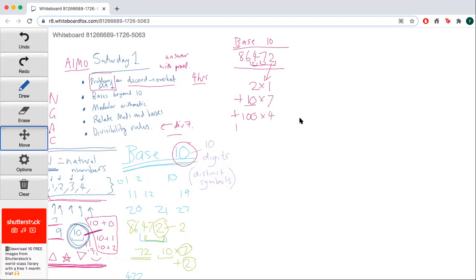And then fourth last, not surprisingly, tells you the amount of thousands. And then the fifth last tells you the amount of 10,000s. So as you can see, as you move this way on the number, you just increase the amount of zeros that the number represents.